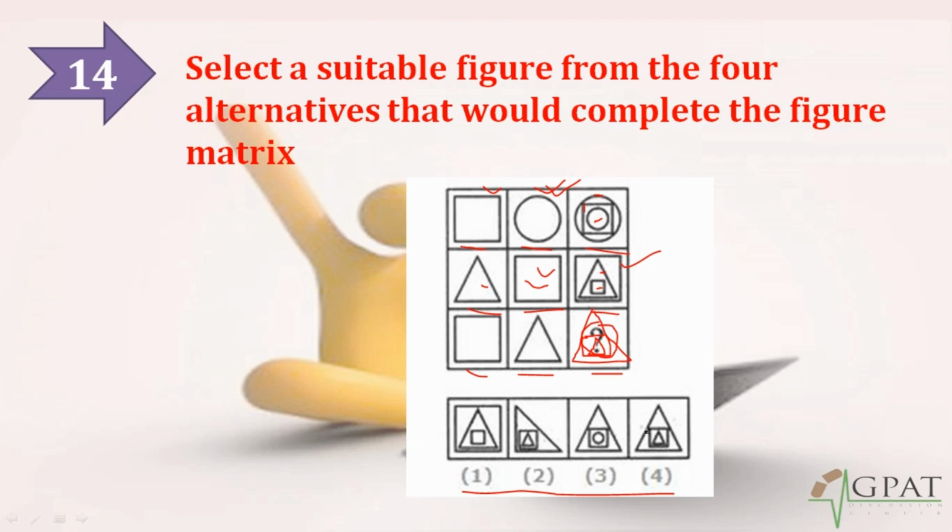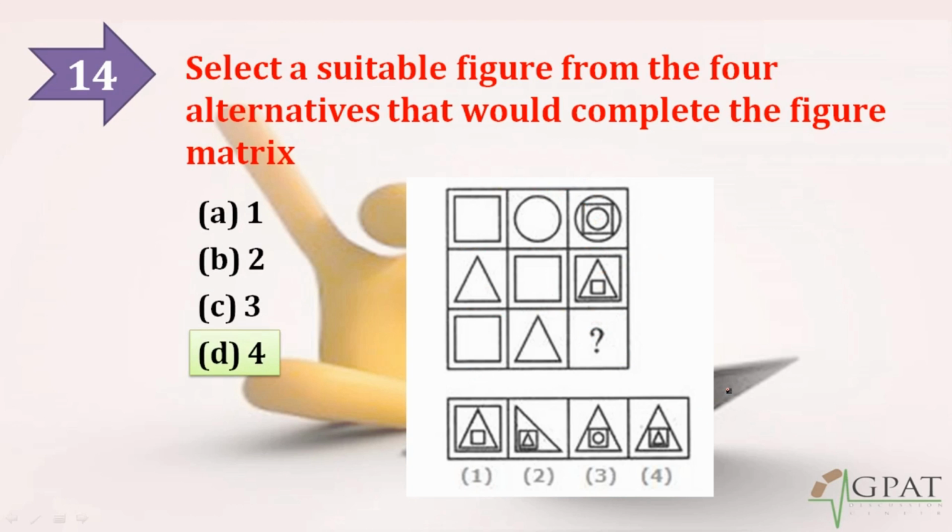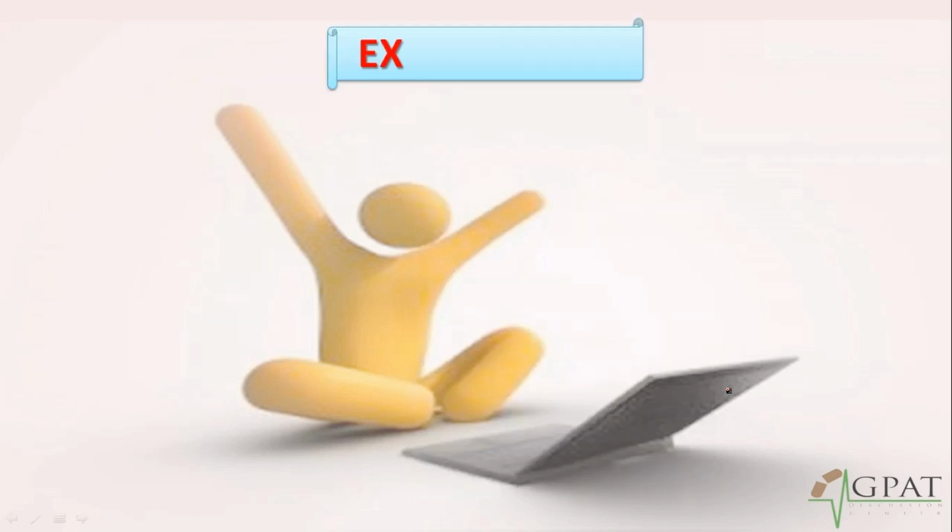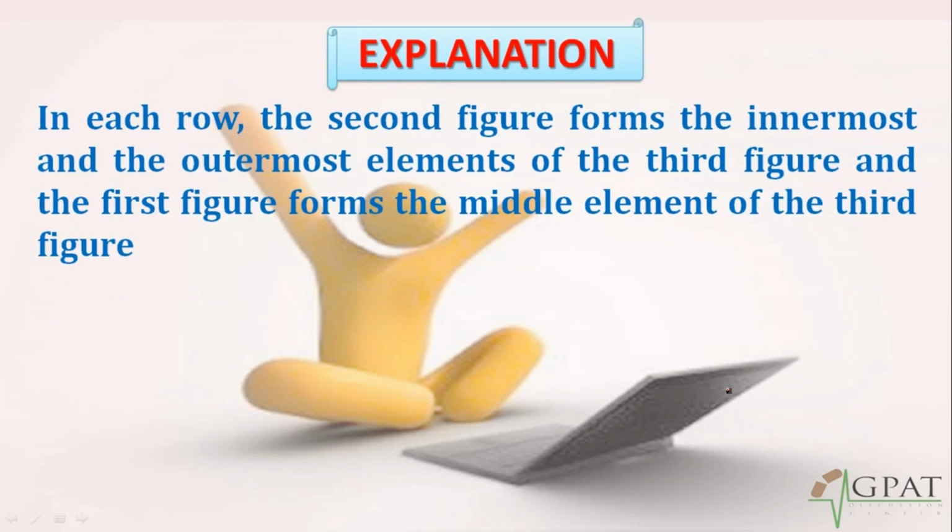No, no, no, yes. The right option is fourth. In each row, the second figure forms the innermost and the outermost elements of the third figure, and the first figure forms the middle element of the third figure.